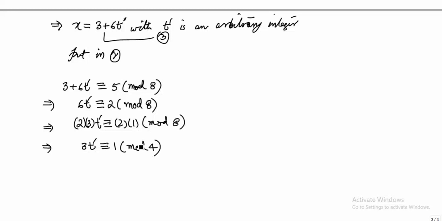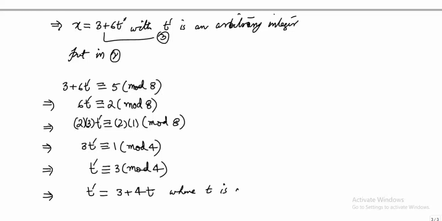This thing we have already studied. Because the inverse of 3 is 3, we multiply by 3 on both sides and we get 1 here. So t prime is congruent to 3 modulo 4. Now t prime can be written as 3 plus 4t, where t is an arbitrary integer.